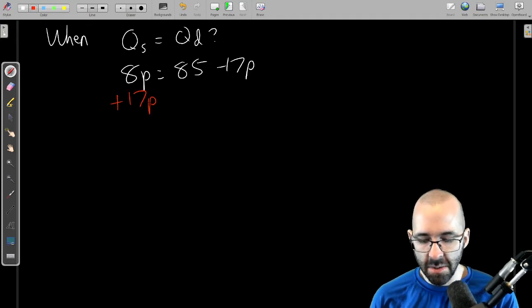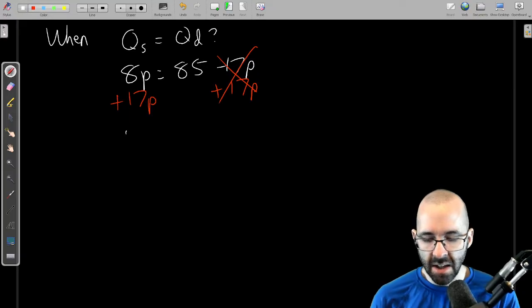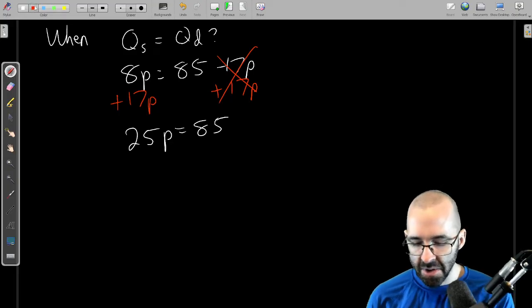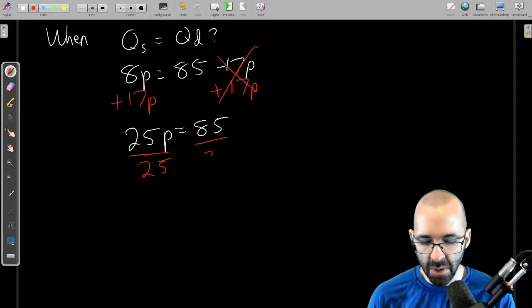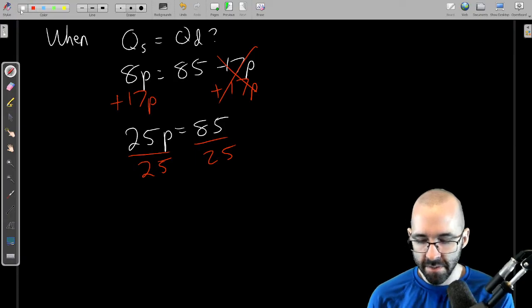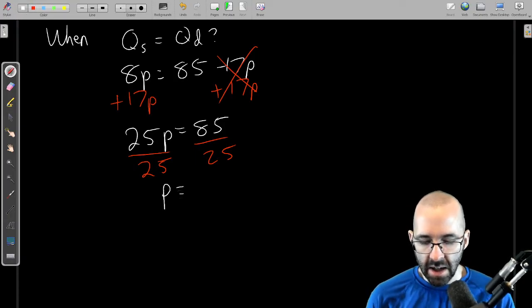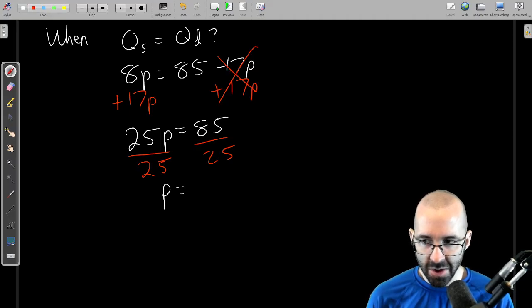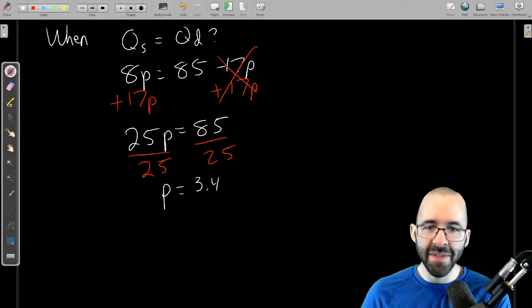We're going to add 17P to both sides. It cancels on one side, and the other side becomes 25P. Now we need to divide both sides by 25 to get what the price needs to be. 85 over 25, that is 17 over 5, I think, which is 3.4 maybe.